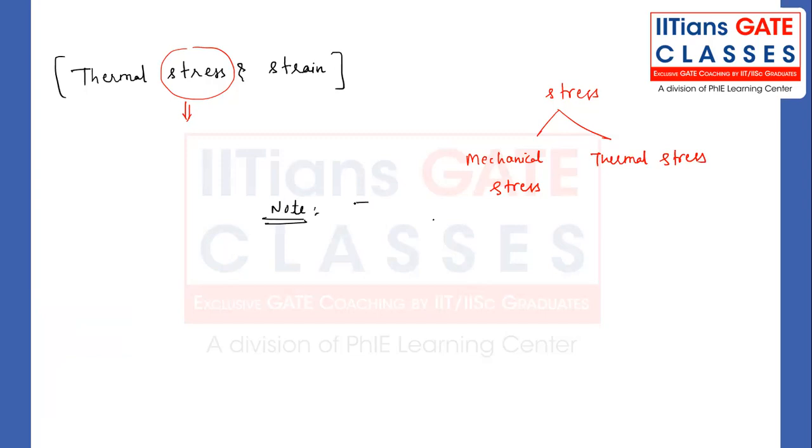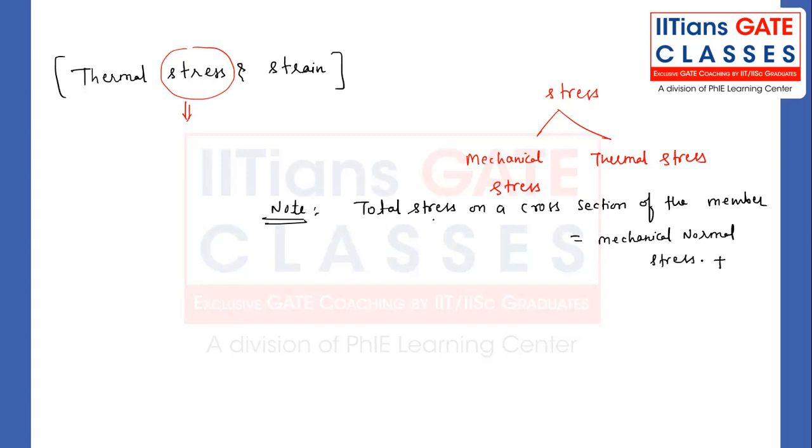So the total stress on a cross section of the member will be equal to mechanical normal stress plus thermal stress.